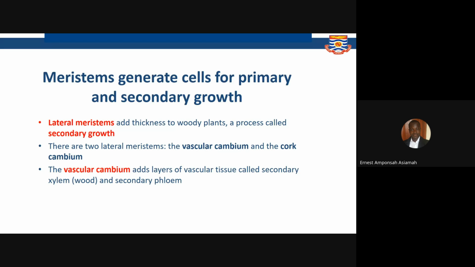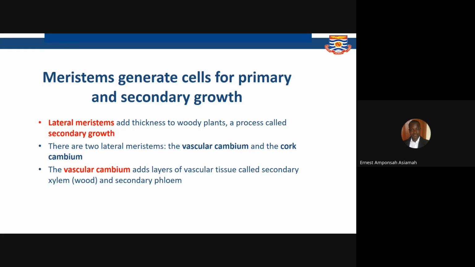The vascular cambium adds layers of vascular tissue. They will be adding the extra xylem and phloem, and often this extra vascular tissue makes up the wood of the woody plants.